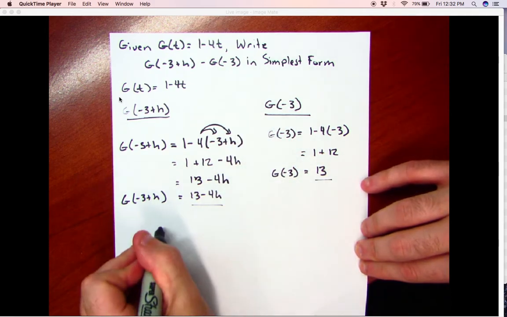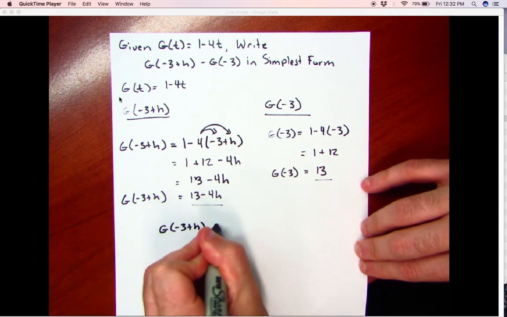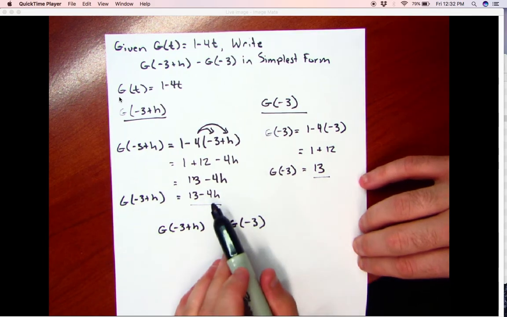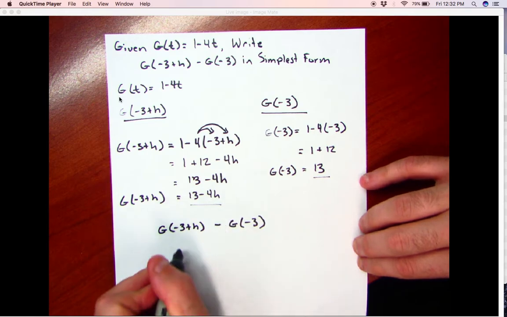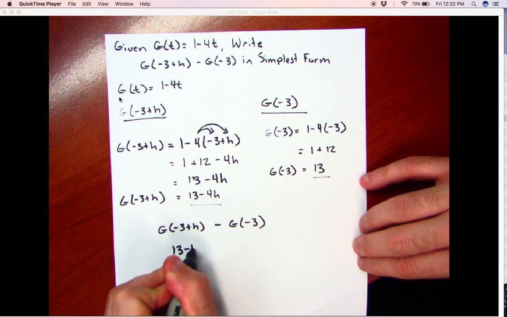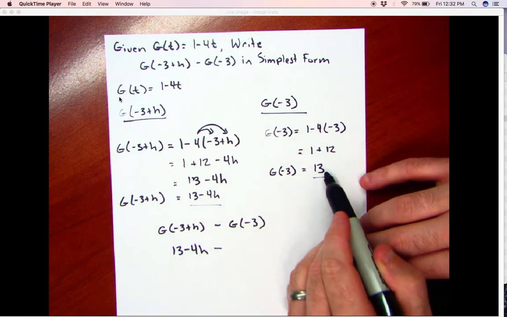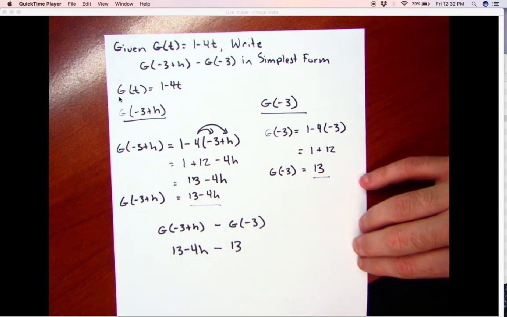So g of negative 3 plus h minus g of negative 3, by substitution, g of negative 3 plus h is 13 minus 4h. And then minus g of negative 3, which was 13. All we did was substitute what we found.